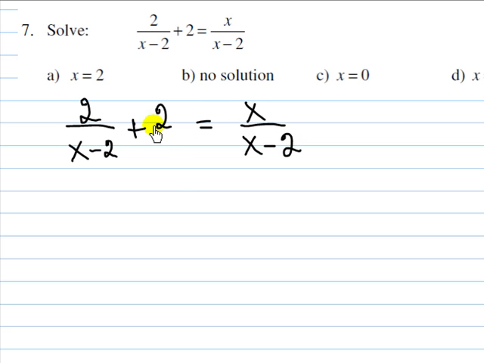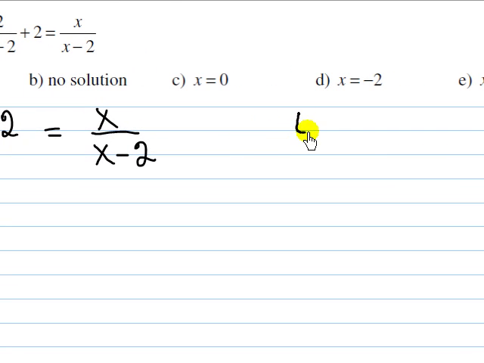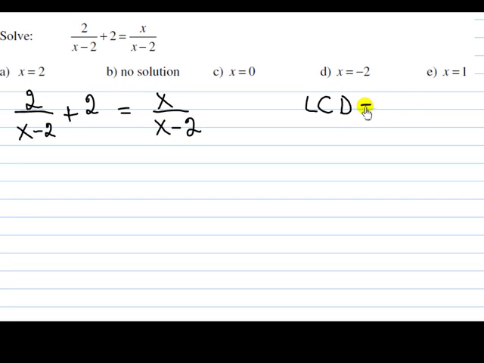Our equation contains fractions. So what we are going to do first, we are going to find the least common denominator of all the fractions. Well, the only denominator we have is x minus 2. So the least common denominator in our case is just x minus 2.